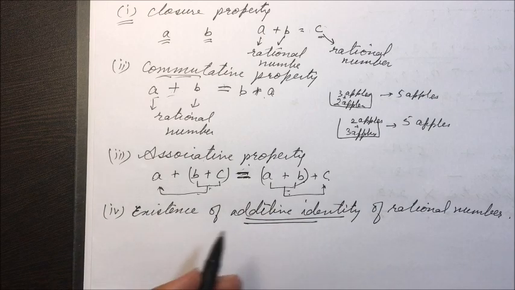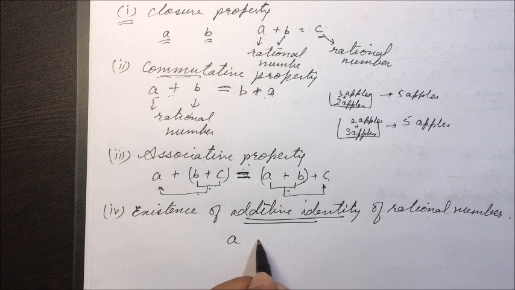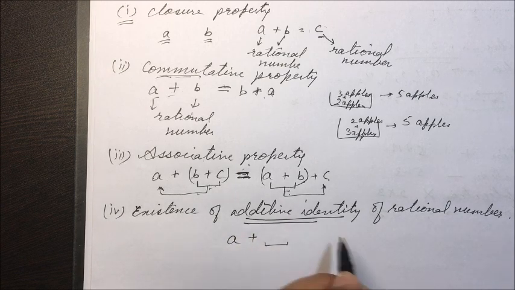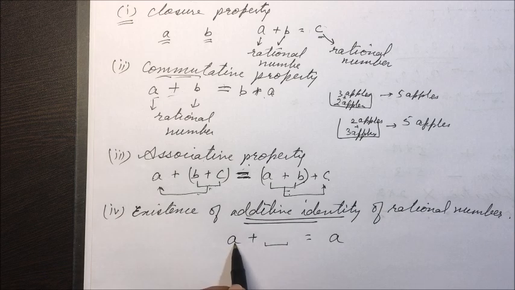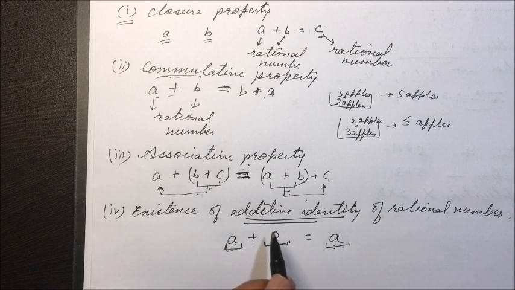For example, we have a rational number A. What number is to be added to it so that we get the same number, so the rational number remains the same? What is to be added? 0. So 0 is that additive identity.